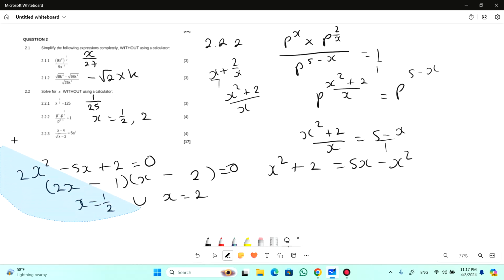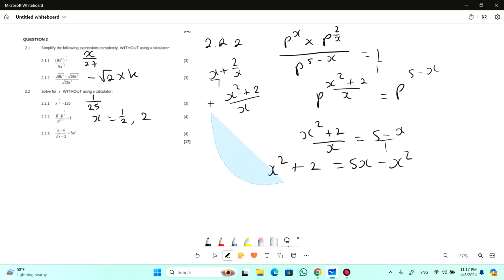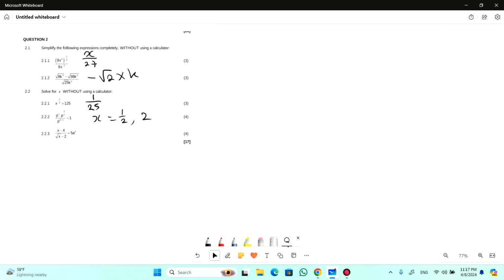Right, again you can prove that. Okay, let's prove that real quick. Check our answer. I'm just going to use only the half. Right, if the half is correct, meaning the 2 will also be correct. You can check that on your own. So if you let p equal to 2, we should get a 1.